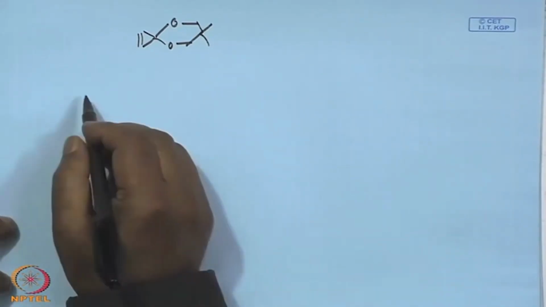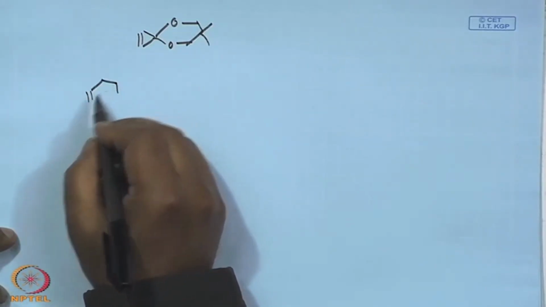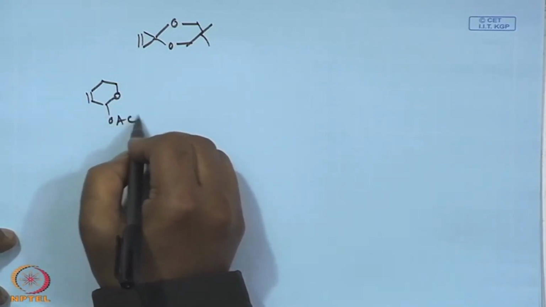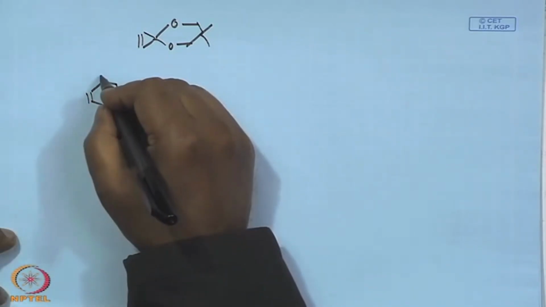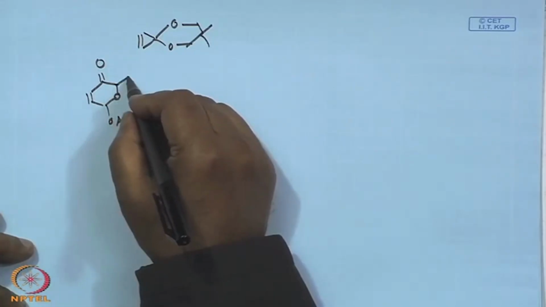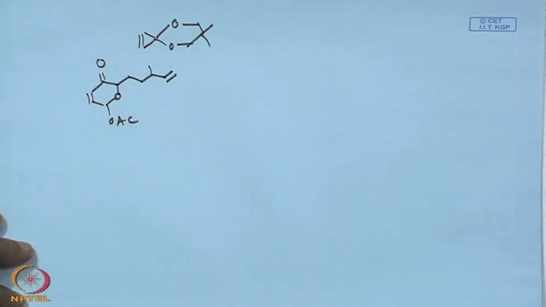Now, let us look at one more example. Now, it is not a simple pyrone. We have this 6-acetoxy pyrone, and now you have a substituent here with a double bond, an inbuilt double bond. You see there is a difference now. What is the difference?